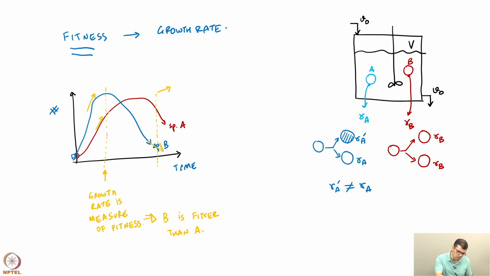As a result of all these three put together, what has resulted here is that species A is fitter than B.